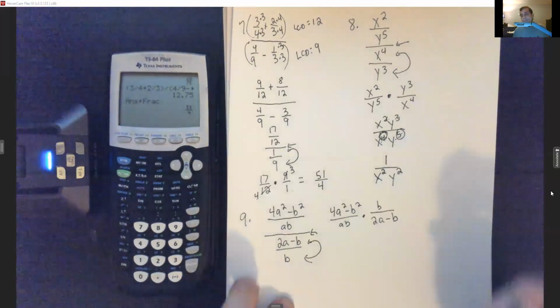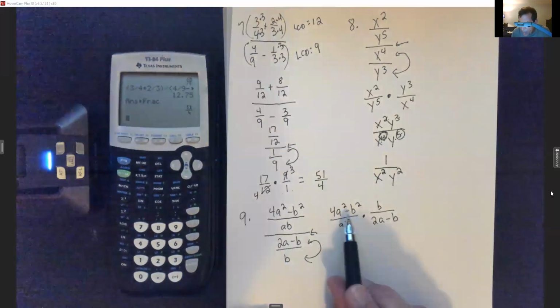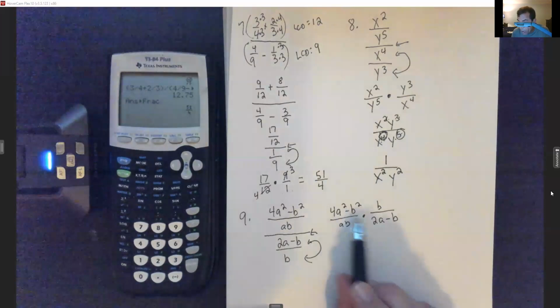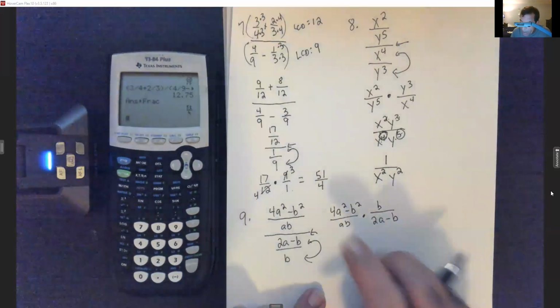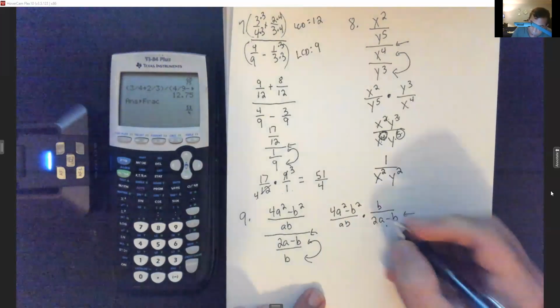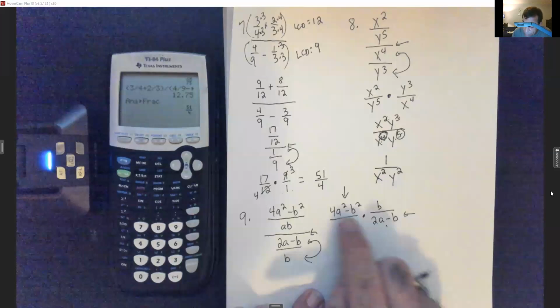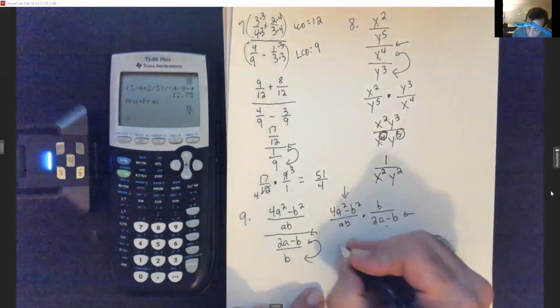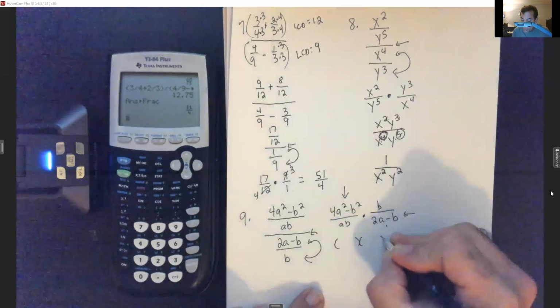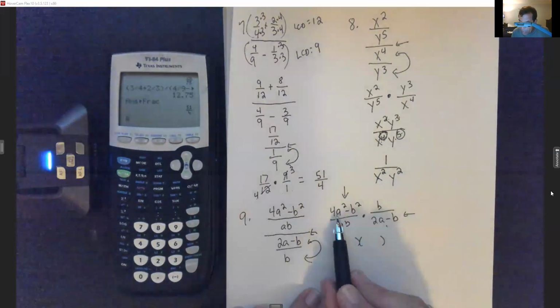So what you really want to do on this problem, since you got these binomials, which are 2-part terms, is try to factor these. Now I will say this one does not factor, but this one here will factor. These are what we call perfect squares. So you make 2 sets of parentheses when you got perfect squares. You take the square root of the 4a squared and put it in the front of each of these.